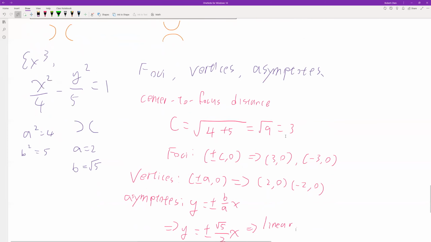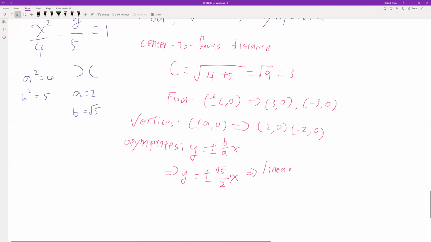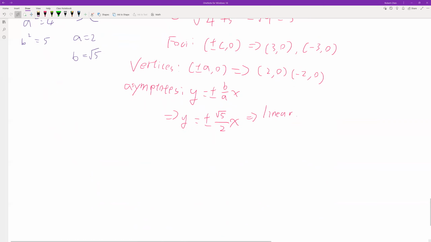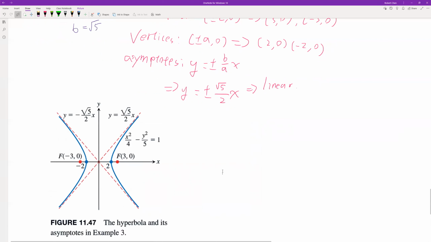Now, this one is actually pretty hard to graph by hand, so I'm going to show you a nicer picture from the textbook. Here we go. We have the foci at negative 3, 0 and 3, 0, which is inside each branch of the hyperbola, and the vertices at 2 and negative 2.